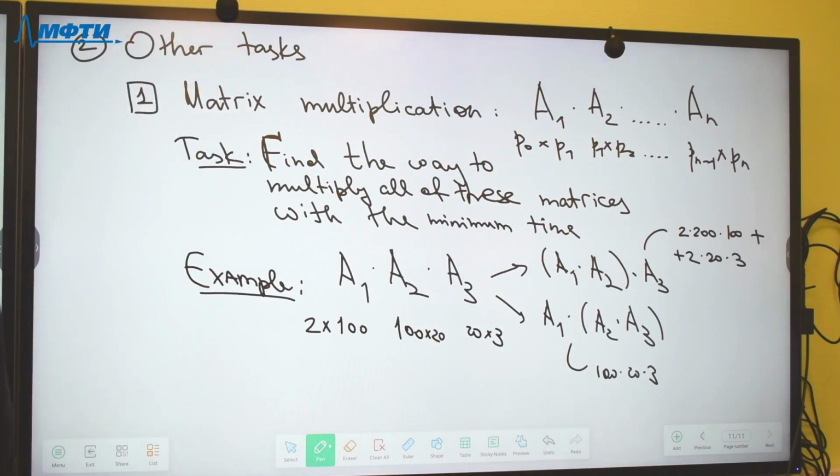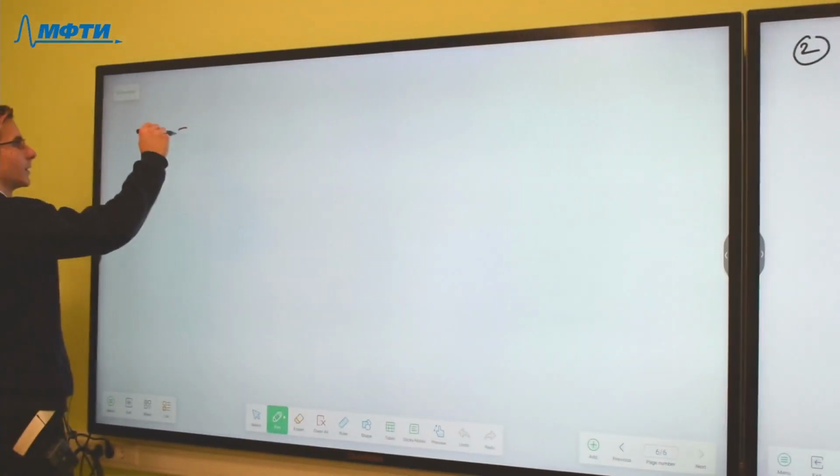Because remember how we multiply 2 matrices.